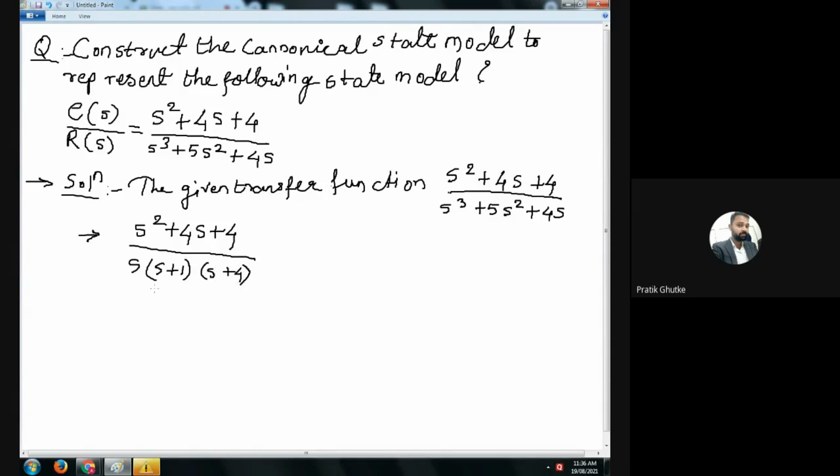So now the transfer function can be rewritten. I have to do the partial fraction of this.